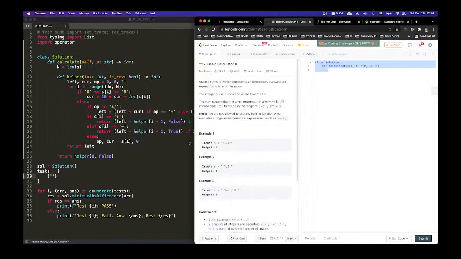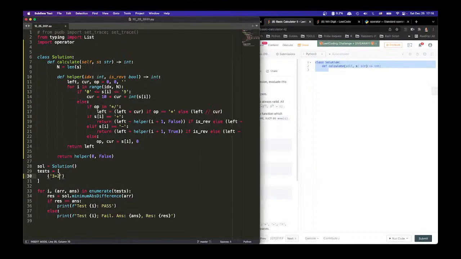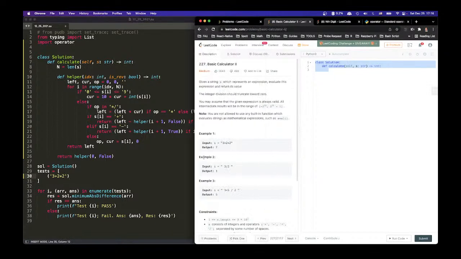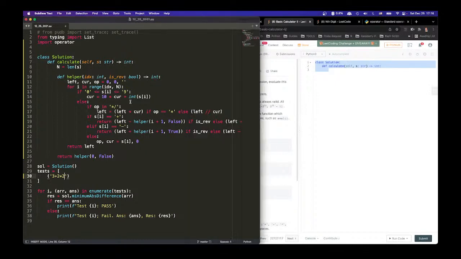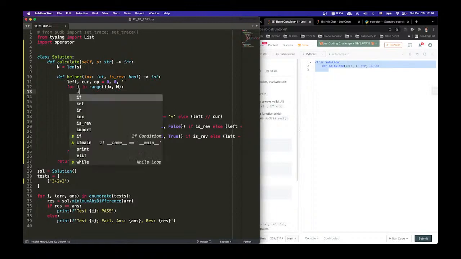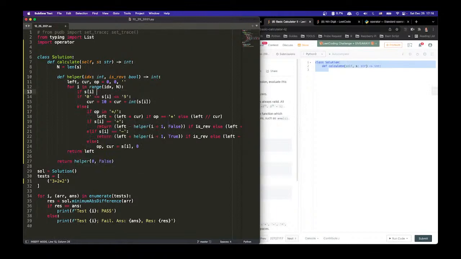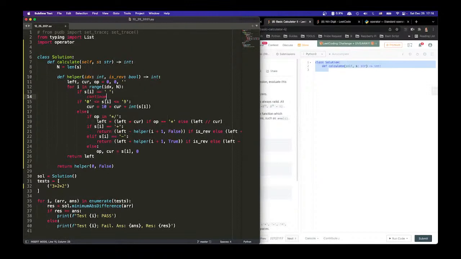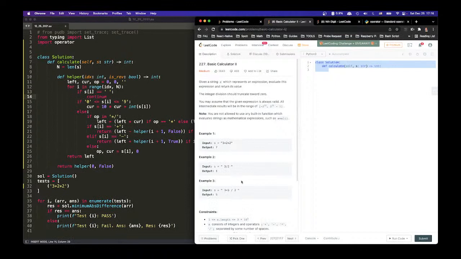Okay, let's do this. So we have 3 plus 2 times 2. Oh, you have... we're gonna skip. Okay, so if si is equal to this, continue. All right, so we're gonna skip empty spaces.